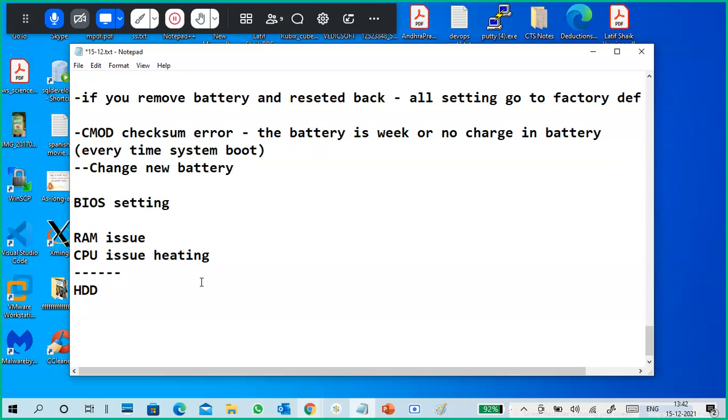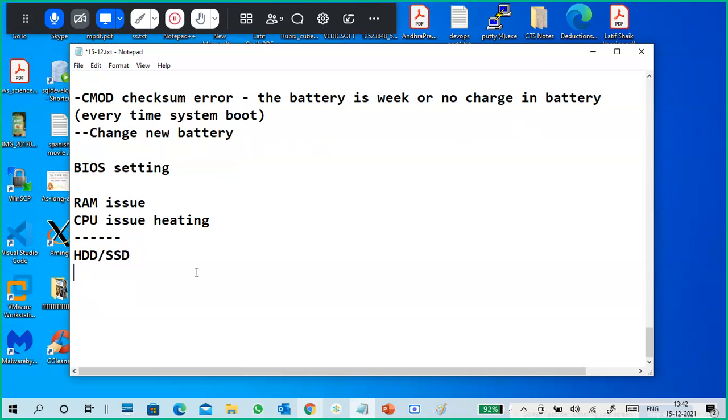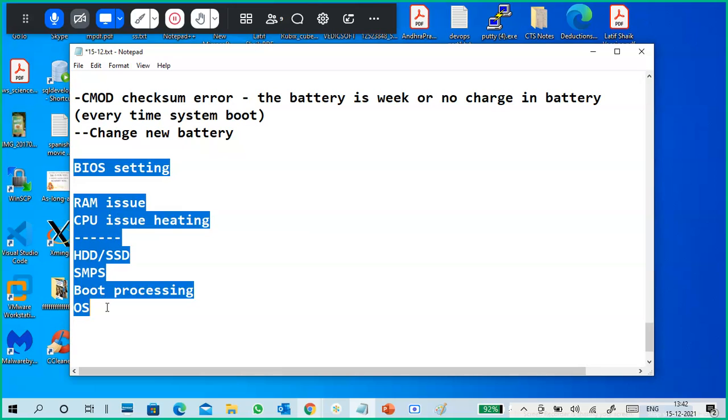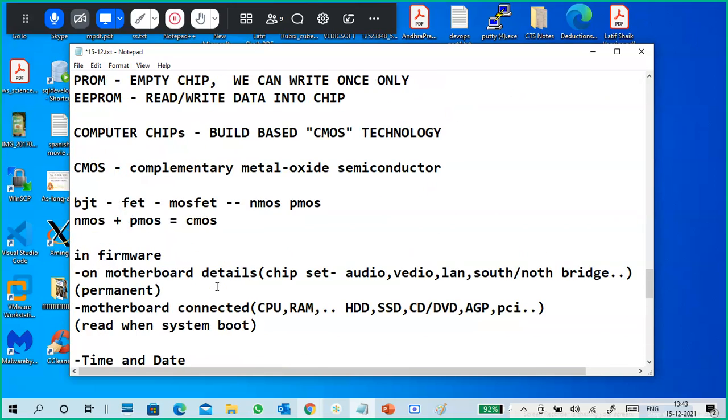Tomorrow we'll discuss hard disk and SSDs, and if possible SMPS, and then boot processing. Just a small introduction to the OS tomorrow, and then the remaining continues. These are the pending parts for today, so tomorrow we'll see them.